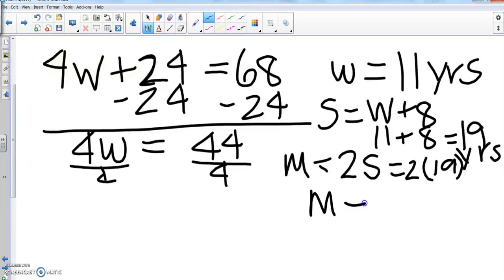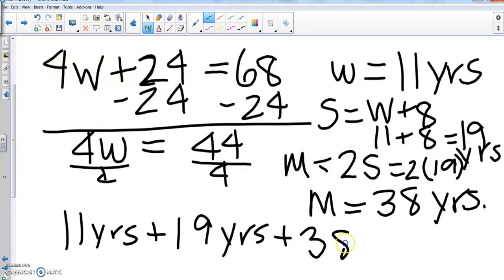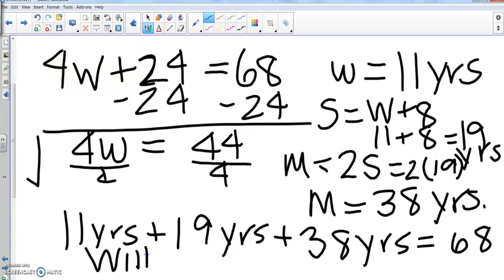So Mark is equal to 2 times 19, which is 38. All right, so we know everybody, and let's hope this works, because it says if I add Will plus Sam plus Mark, they're all supposed to add up to 68. Do they? Yes. Will, Sam, Mark.